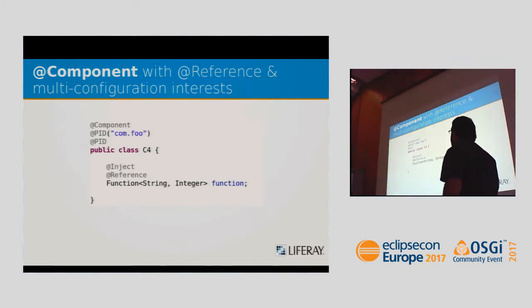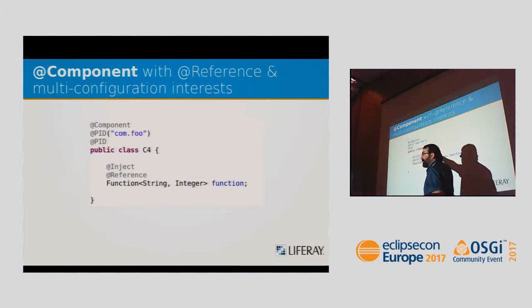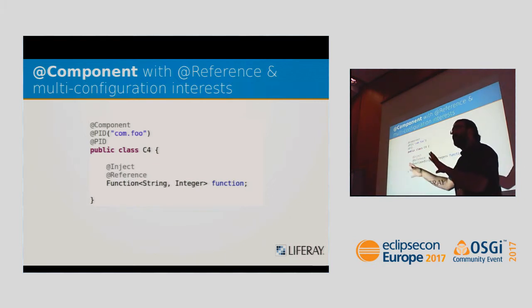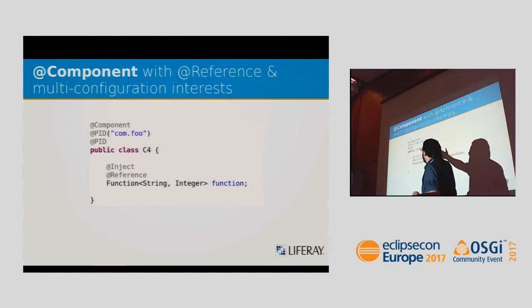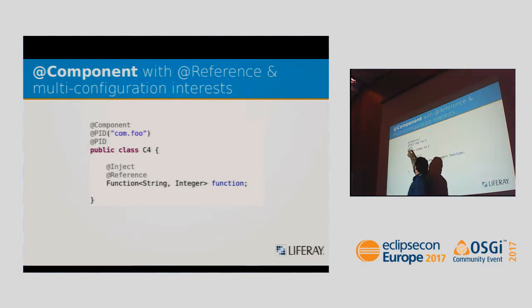And so every bean that is a component will have a default configuration associated with it. And so you'll always be able to target the individual components with configuration. And then you'd also have the ability to have more. And here, the ordering affects the precedence order of which the values in the configurations are visible.